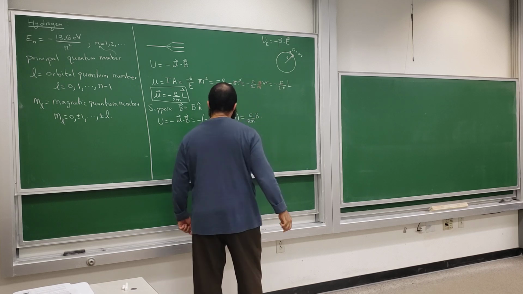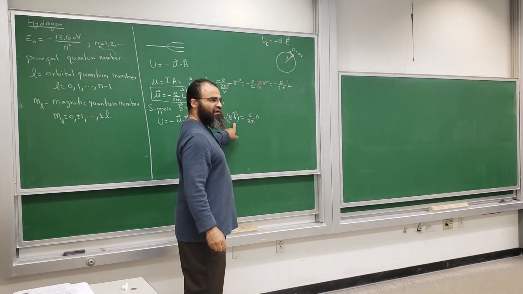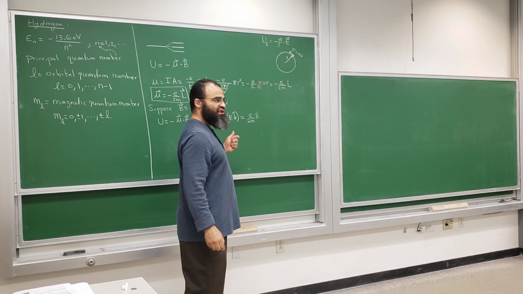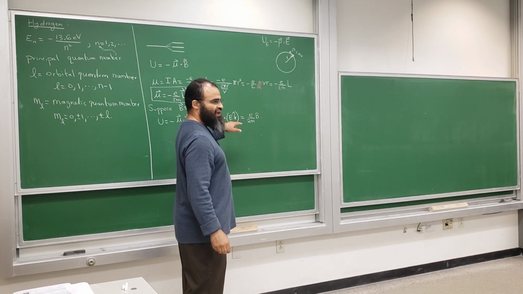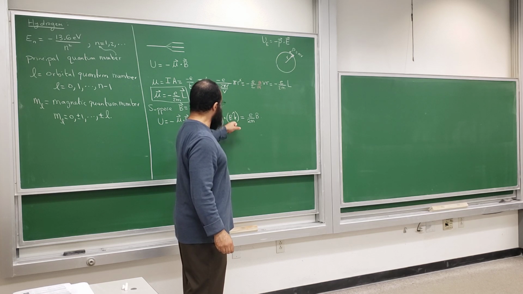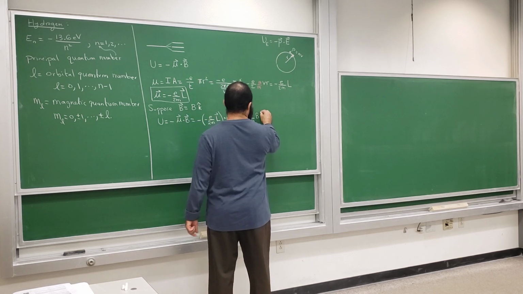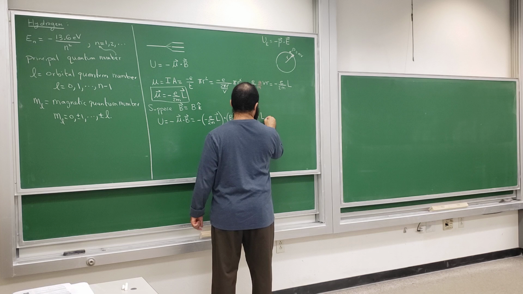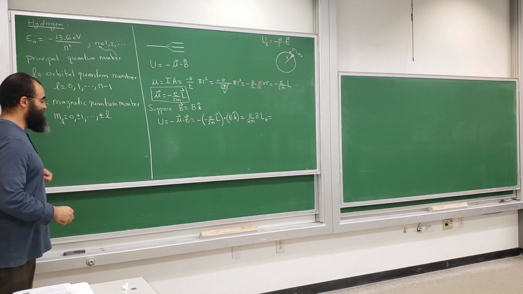Now, the dot product of the vector L with k hat will pick up just the z component of L, right? Because L is Lx i hat plus Ly j hat plus Lz k hat. When you take the dot product, all the other ones vanish except the dot product for k hat with k hat. So this is just Lz. Okay, Lz. Now, oh, I forgot to write here.